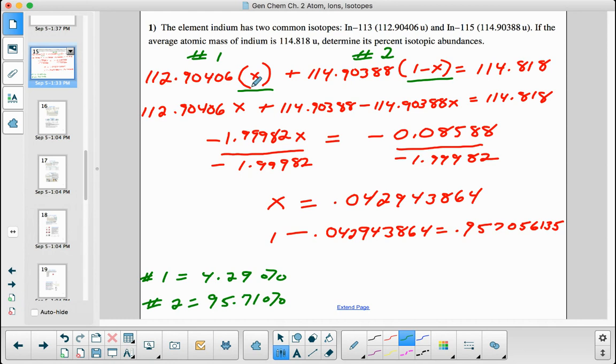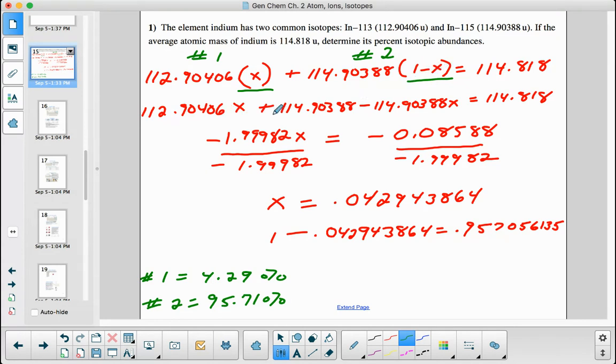I don't know their relative abundance. So I would call one X, arbitrarily pick one as X. The other one I would pick as 1 minus X, because whatever the relative occurrence is of this one out of 1, the other isotope is going to be 1 minus that value.